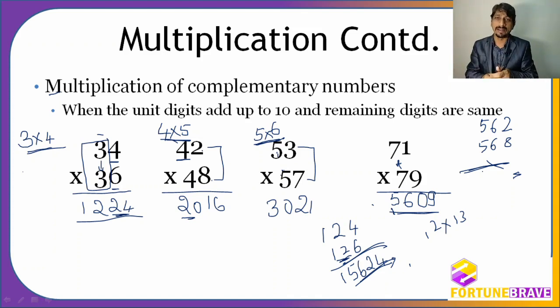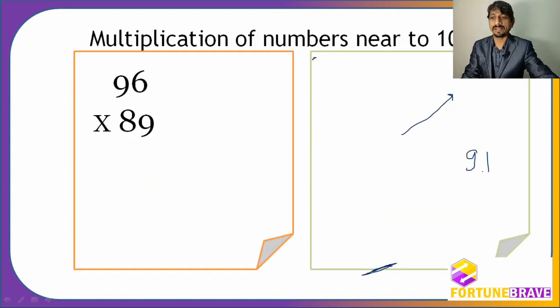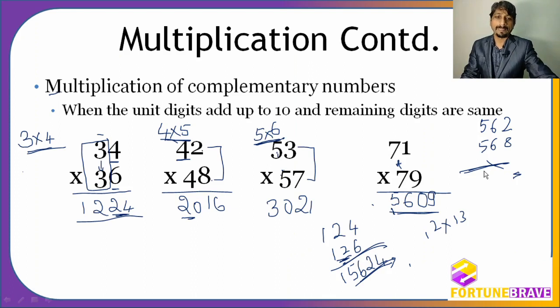Now we are going to go for the next. In the next video, we are going to go for all other numbers. So till then, solve the questions again, from the questions that I'm going to give below. Is that clear? Okay.